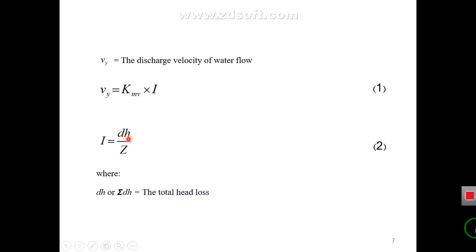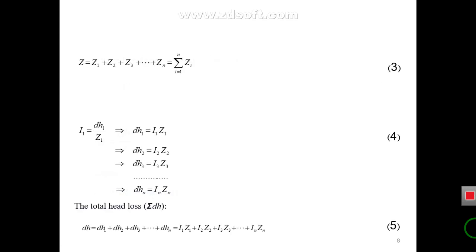Here dH represents the total head loss. The total thickness of the layers is obtained applying this equation. Z is equal to Z1 plus Z2 plus Z3 and plus Zn.